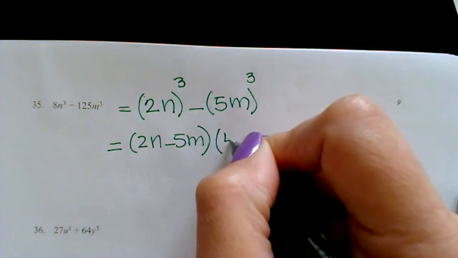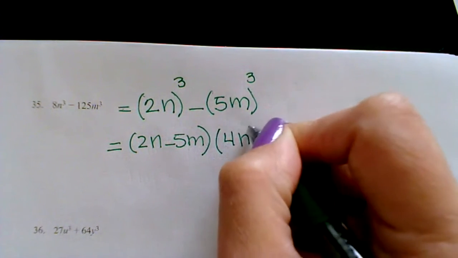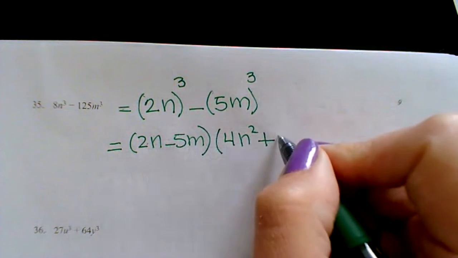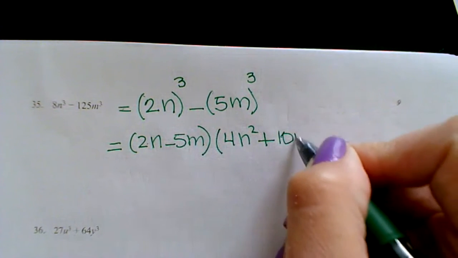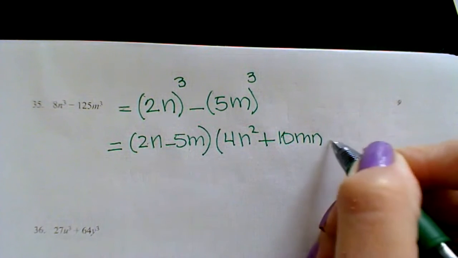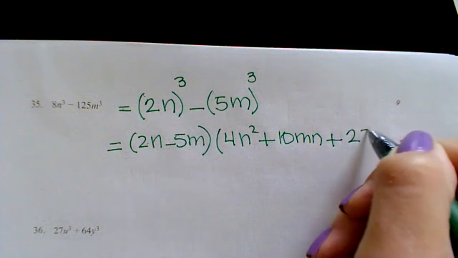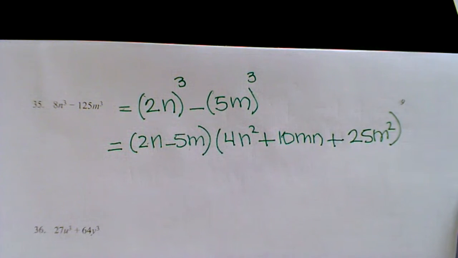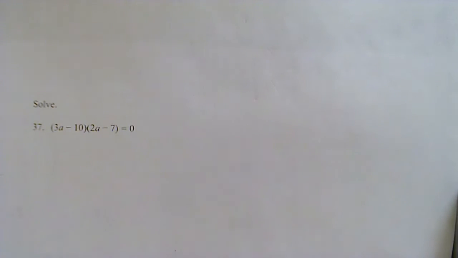So the first one is going to be a square plus multiplication. This is going to be 10mn, and the last one is square, 25m squared. Difference of cubes. Don't forget that. Have that handy when you're taking the exam.